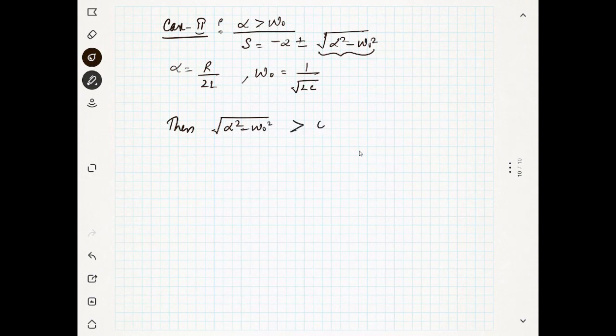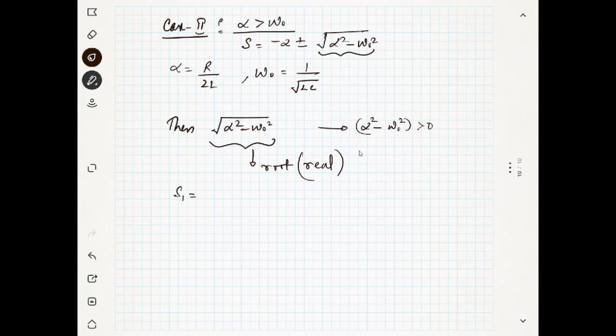This will be greater than 0, right? That means the root will be real, and you will get two roots.